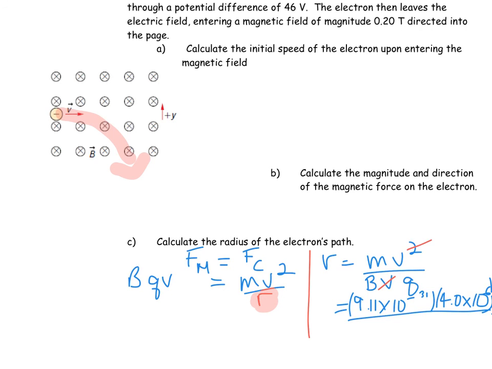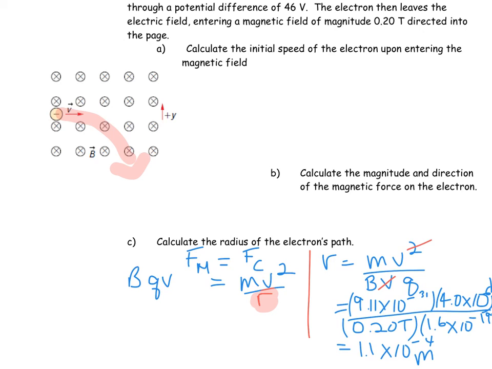My magnetic field in this case was 0.20 Teslas. And my charge is the charge on an electron, 1.6 times 10 to the negative 19. And so the radius in this case, when I work all of this out, ends up being 1.1 times 10 to the negative 4 meters.